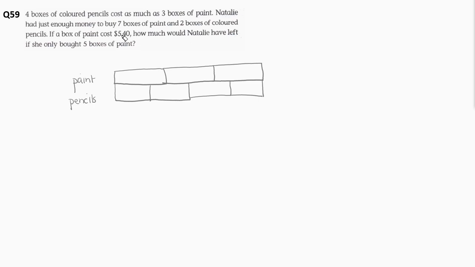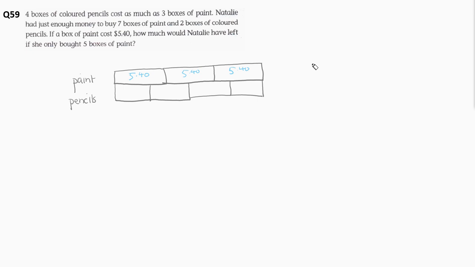If a box of paint costs $5.40, okay, so we can put in an amount now. 1 box of paint, I'm not going to bother putting in the dollar sign at the moment just because it clutters it up. If that's $5.40, that's also $5.40, that's also $5.40.